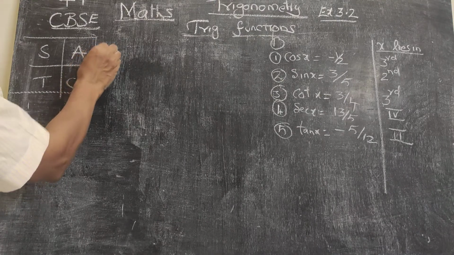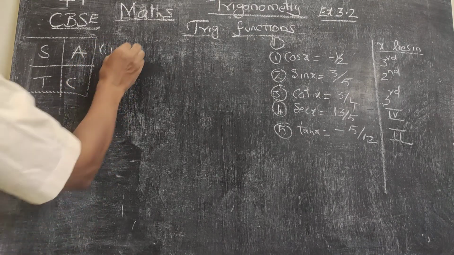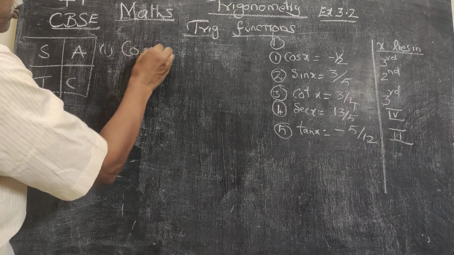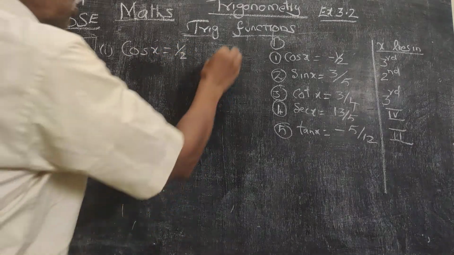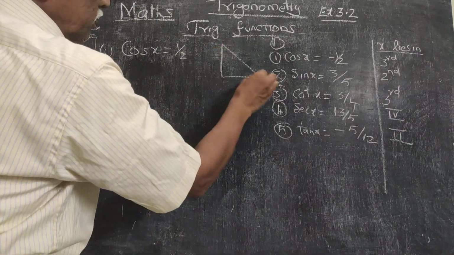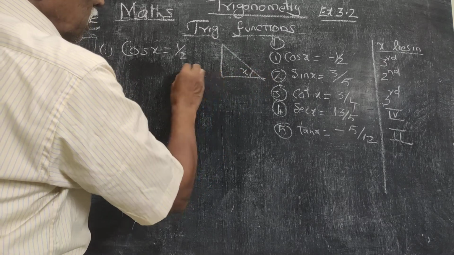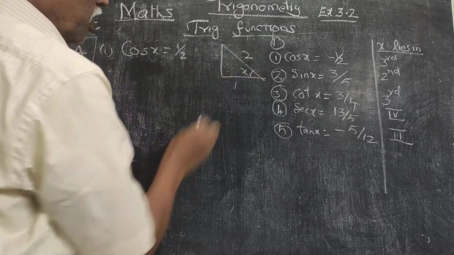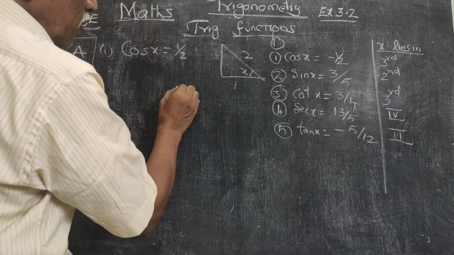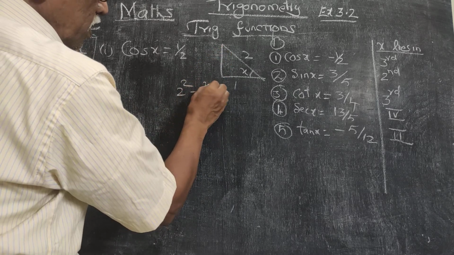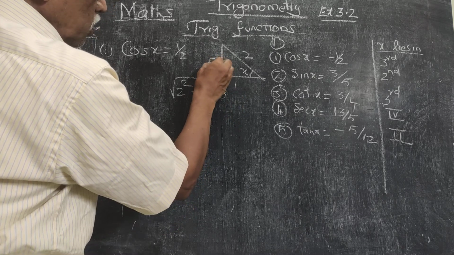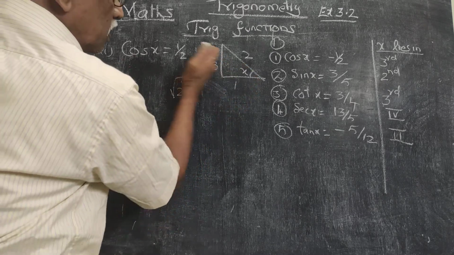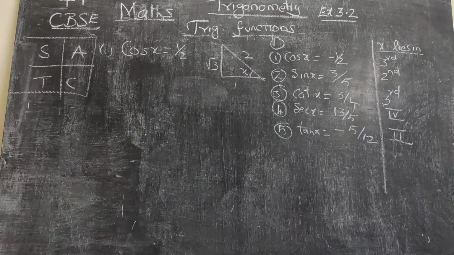Let me do the first problem. Cos x is given as 1/2. You draw a right triangle, mark x, the adjacent and the hypotenuse. Therefore you find out this value. This is 2 square minus 1 square, that is 4 minus 1, 3. So that is √3. You determine the missing side first.